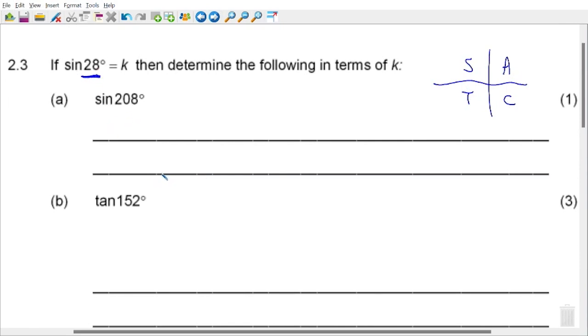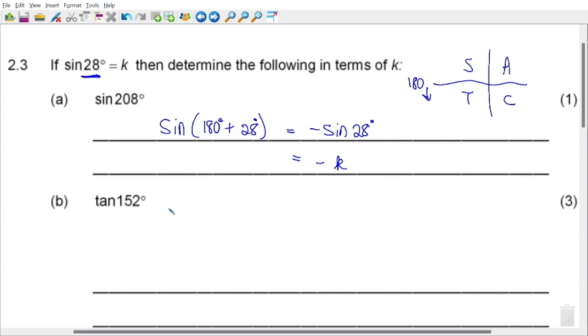So sine of 208 is actually the same as sine of 180 plus 28. Now, if I go 180 plus 28, I'm ending up in quadrant 3. Sine is negative in quadrant 3, and it'll be the same as negative sine 28 degrees. It doesn't change to cos because I'm coming off a horizontal axis. Okay, so in fact I get negative k.